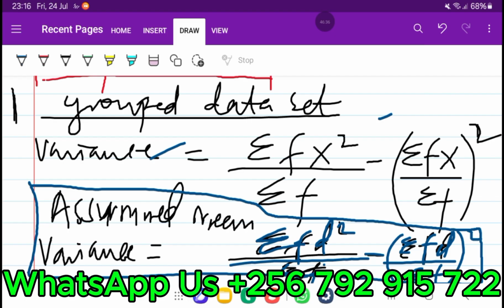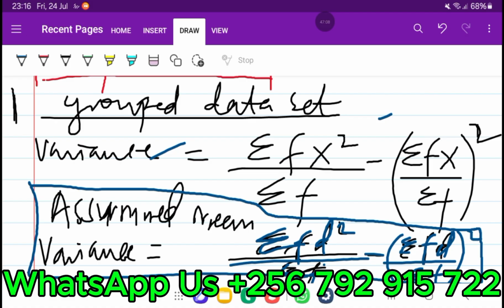If the examiner asks for the standard deviation, it is just the square root of variance. In other words, what you have computed as the variance, you just take the square root. So if the examiner asks you for the standard deviation, even if he doesn't mention that you compute variance, it means you have to compute variance, because there is no standard formula for computing standard deviation.